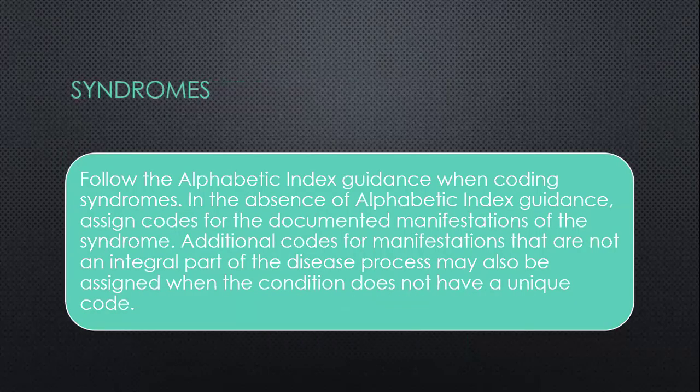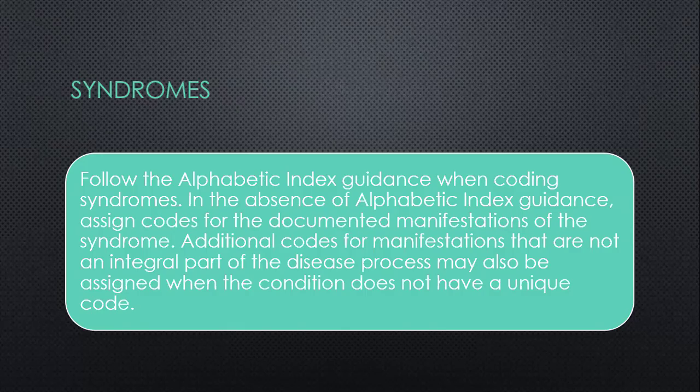Syndromes. If you follow the alphabetic index guidance when you are coding syndromes, in the absence of the alphabetic index guidance, you assign codes for the documented manifestation of that syndrome. Additional codes for manifestations that are not integral to the disease process may also be assigned when the condition does not have a unique code.